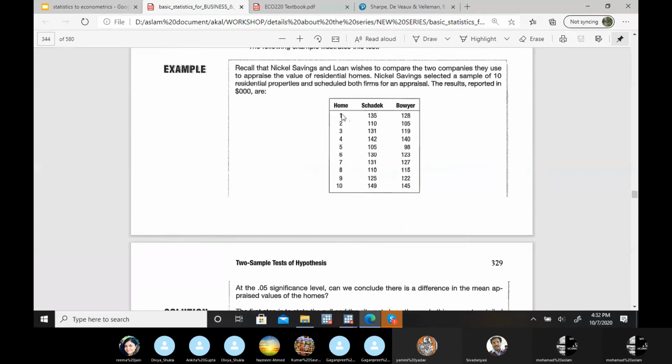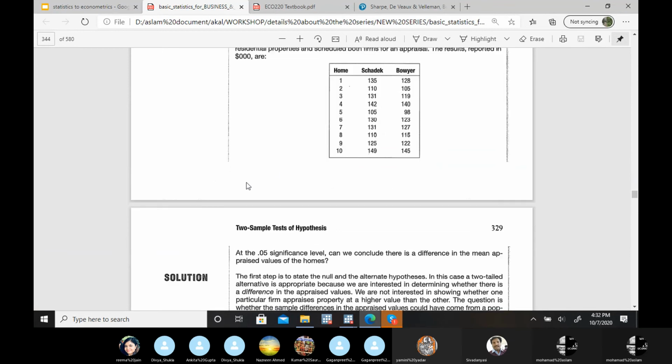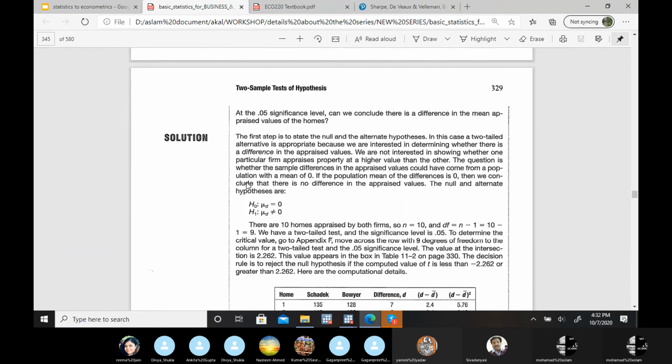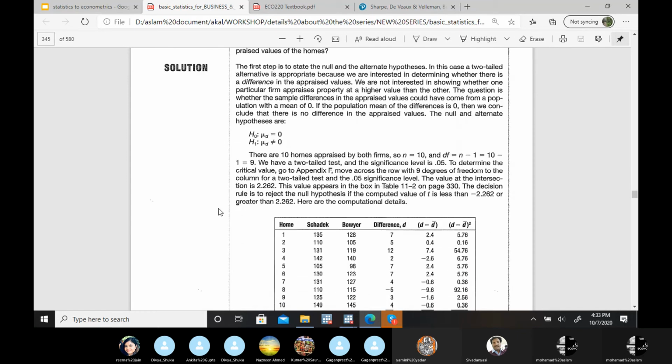See, these observations are the same, the individuals are the same, but these are two different situations or variables. So this is a paired test. In the first case, they are saying the difference is negligible, like saying the average score of math won't differ from the average score of science. And the alternate is that there is a difference between math score and science score.